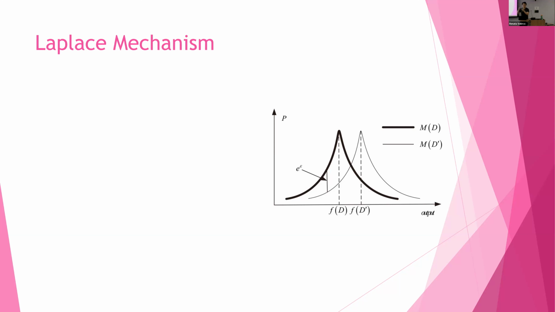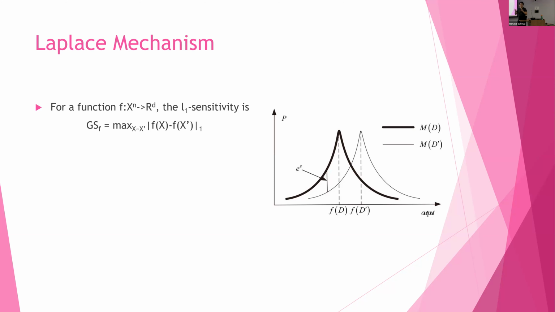And as the name suggests, the Laplace mechanism adds Laplace noise. So the question is, how much noise do you need to add to guarantee differential privacy? To answer this, we need to find the L1 sensitivity of the function f, which is the vector valued function that answers the question we want to answer while guaranteeing privacy.